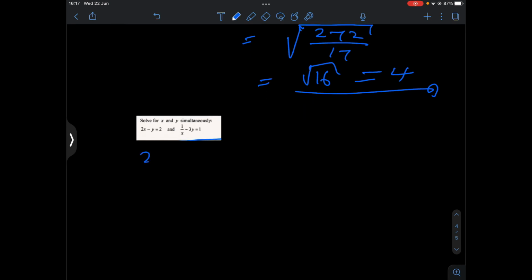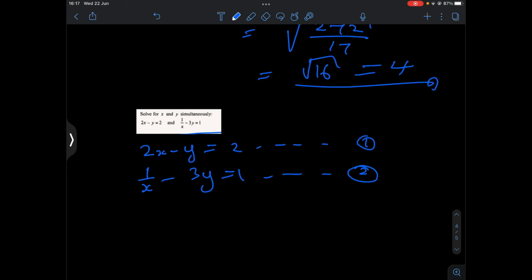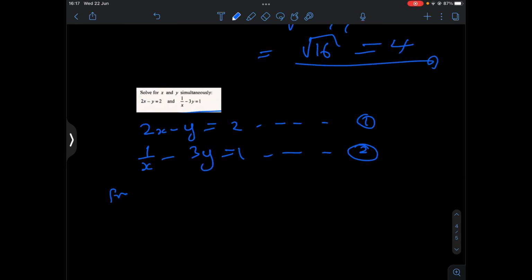So we have 2x minus y equals 2, and we also have 1 over x minus 3y equals 1. So this is equation 1, and this one is equation 2. So now from equation 1, we're going to make y the subject of the formula, because it will be easy to make y the subject of the formula instead of x. So let us do that.